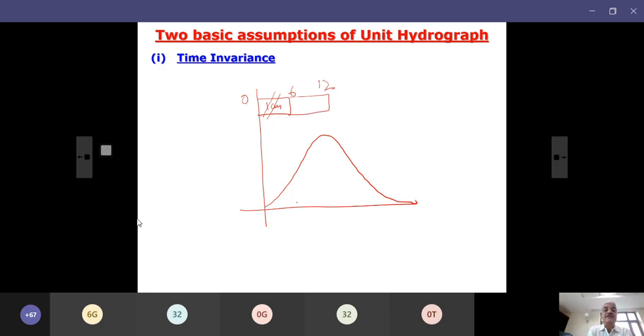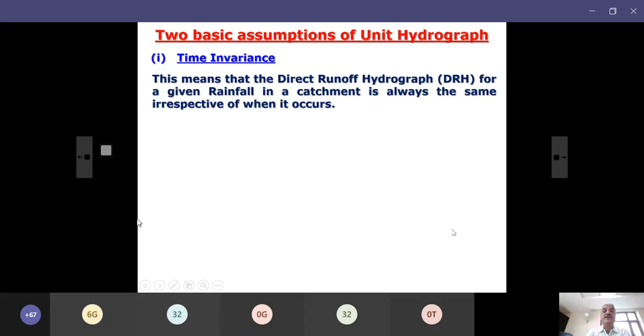Then it says this graph will only shift by 6 hours, but otherwise it will remain same. This will only shift here. This is known as time invariance. It does not vary with time. Only thing, it will get shifted with time. So that is the principle of time invariance, and it says that a direct runoff hydrograph DRH for a given rainfall in a catchment is always the same irrespective of when it occurs, right?